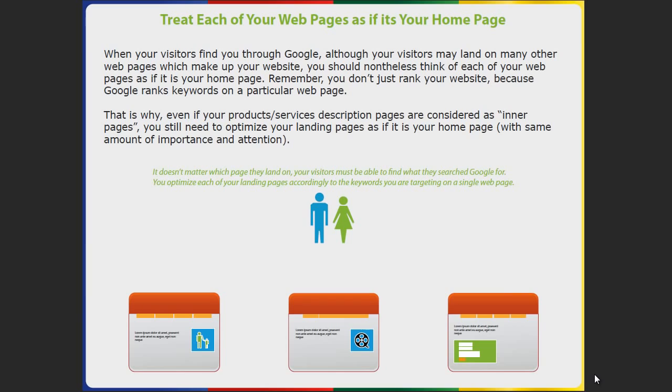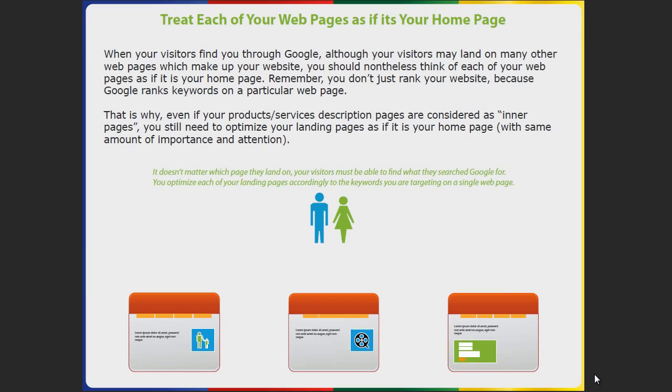So if that's the case, when you start thinking of search engine optimizing your web pages, you need to target keywords and optimize your landing pages, but treat each landing page as important as your home page. I see this honest mistake made a lot.